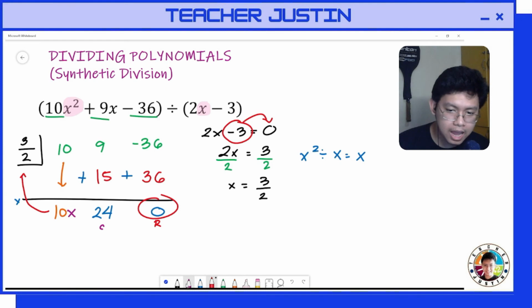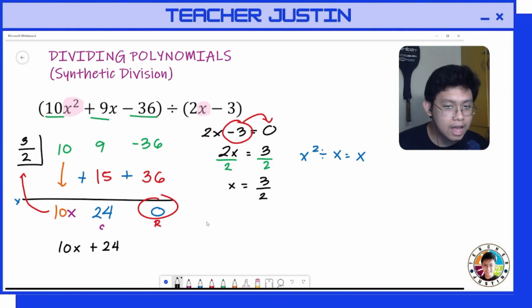So here we will have 10x plus 24, and we don't have any remainders. We will have this 10x plus 24. But wait, we're not yet done. Since our divisor is a fraction, we have to divide each term of our quotient by 2, which is the denominator of our fraction, 3 over 2.